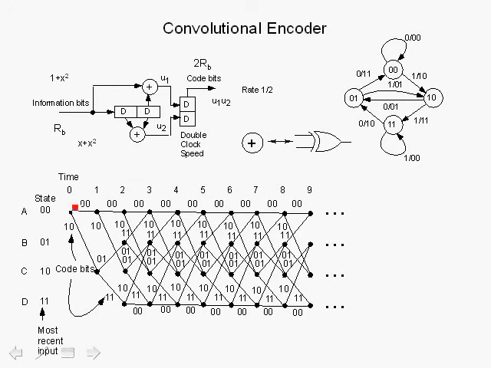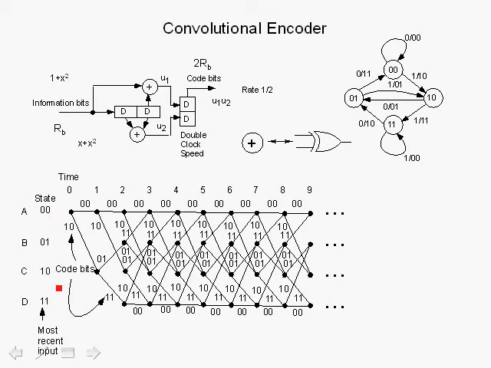So the Trellis diagram is obtained first of all by labeling time from left to right as time 0, 1, 2, 3, and this is the advance of the clock. Every time we advance the clock, we're moving to the right. And from top to bottom, we label the states: state 0, 0, state 0, 1, 1, 0, and 1, 1.